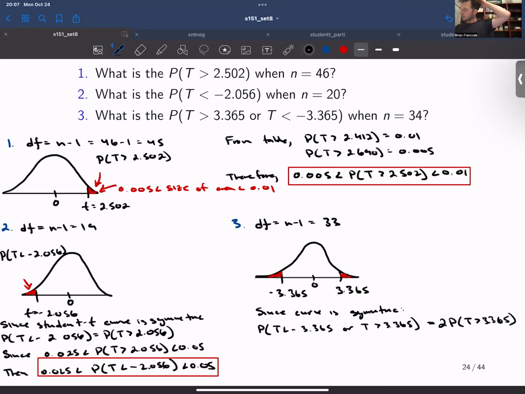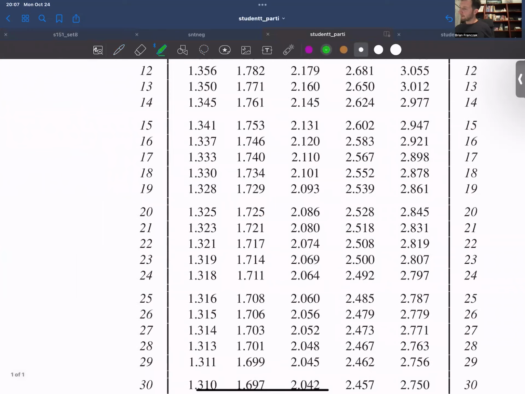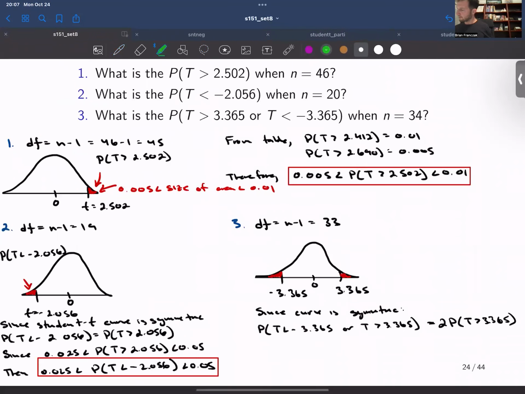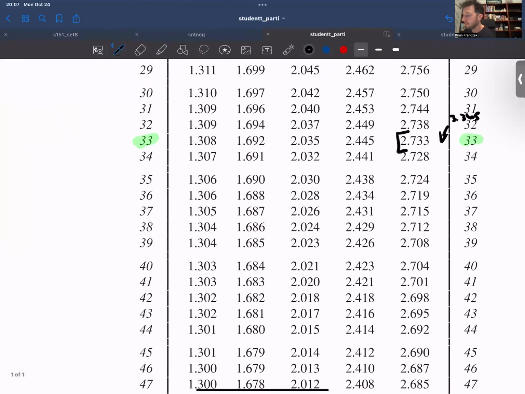Okay, so now all I have to do is use the same technique that I used in the first two parts. So I go back to my student t table, right? I look up 33 degrees of freedom, which is right here. And now I'm going to scroll across the line and look for where 3.365 fits in. Now, in this case, 3.365 is bigger than the biggest value.